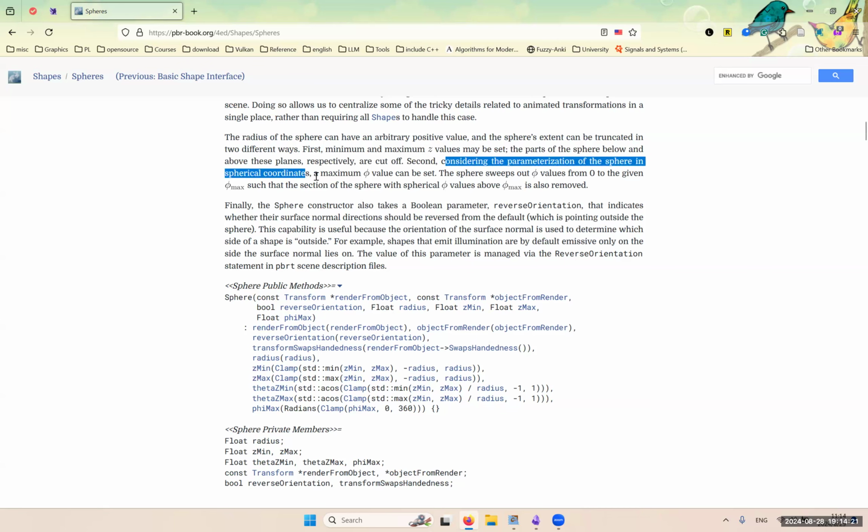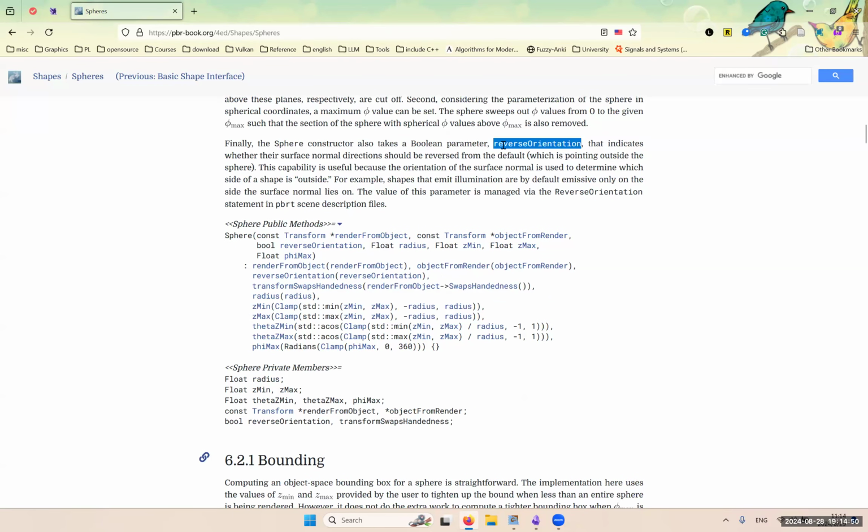Spherical coordinates and a maximum phi value can also be set, and the section of the sphere with spherical phi value above phi max is also removed.